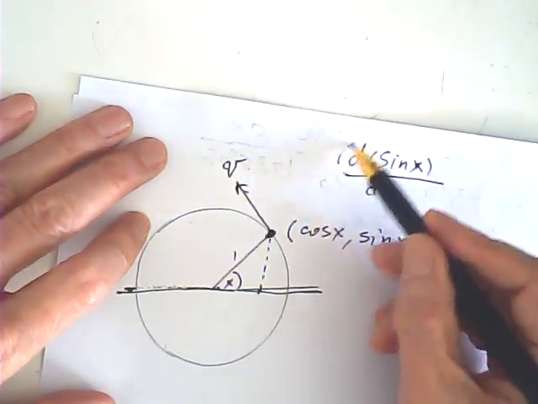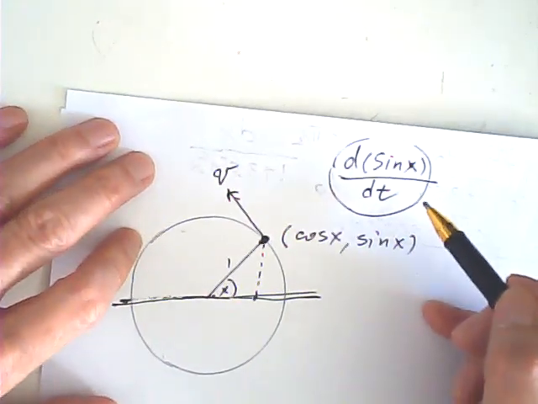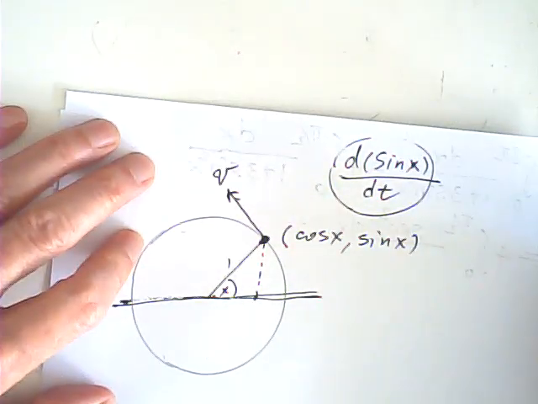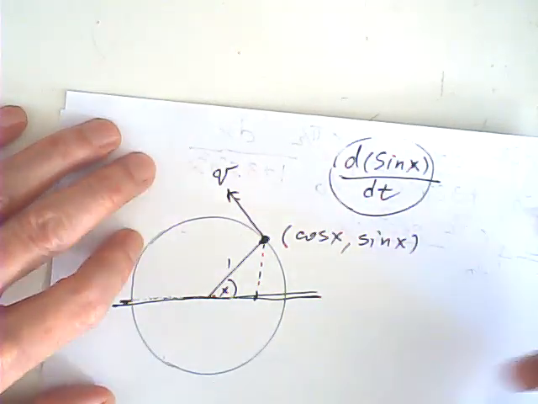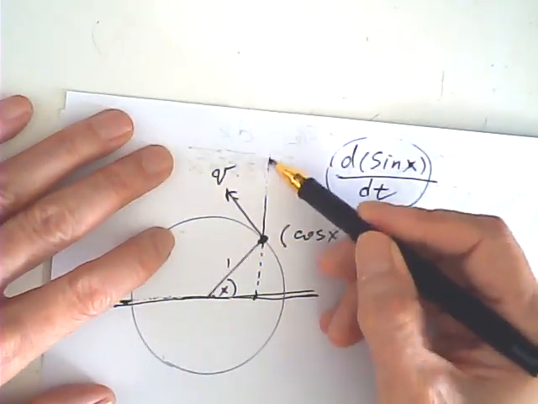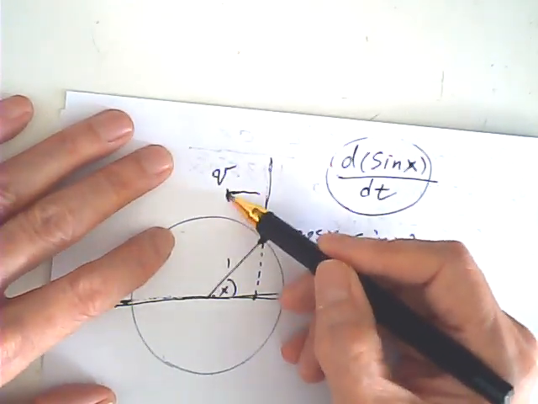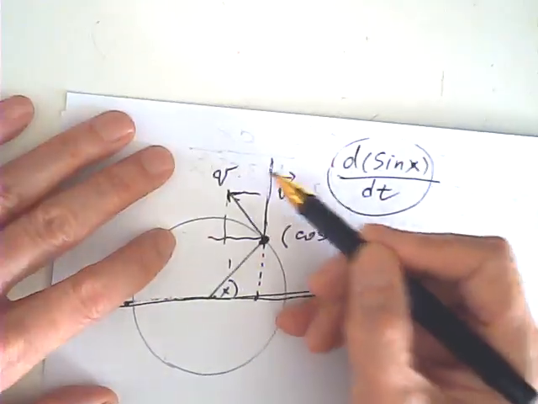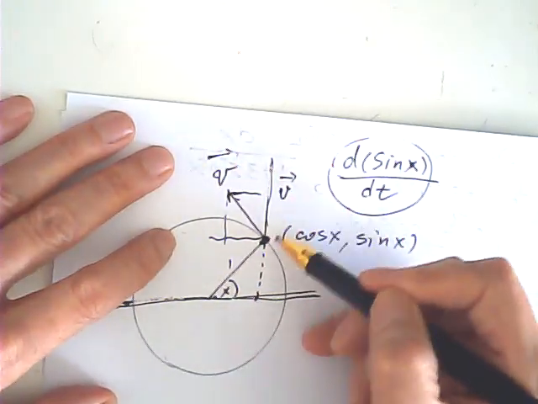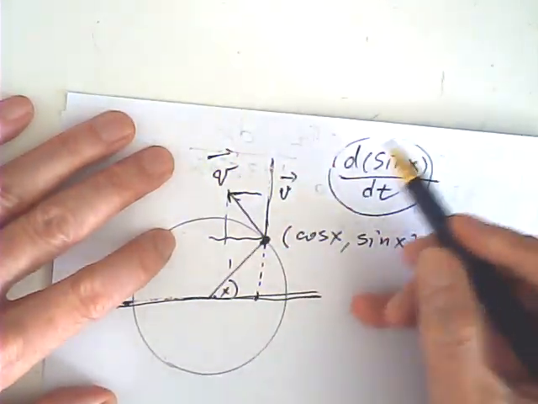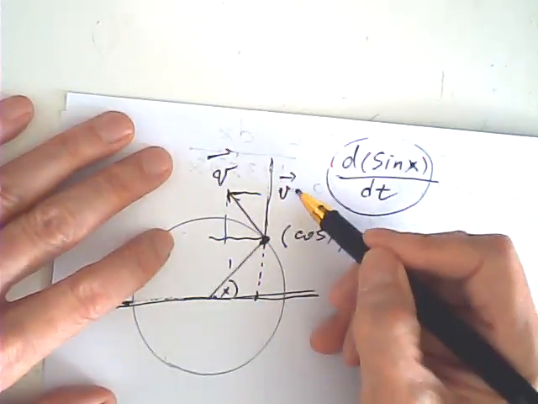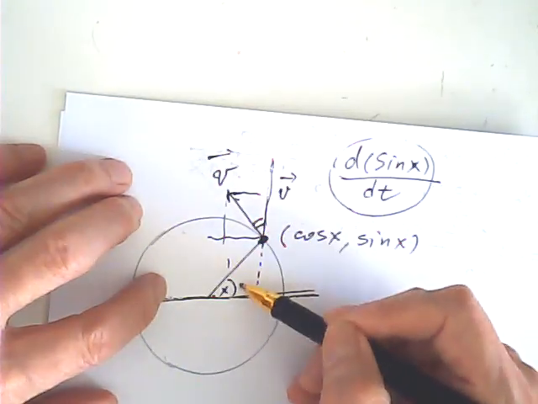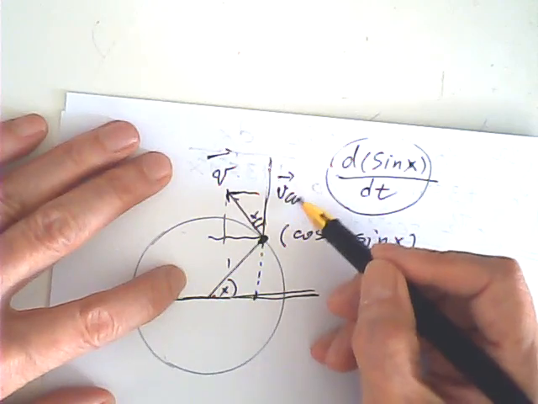This is the velocity of the particle in the vertical direction. And that is exactly equal to v multiplied by the cosine of x.